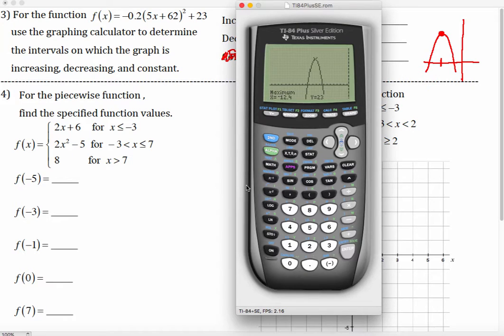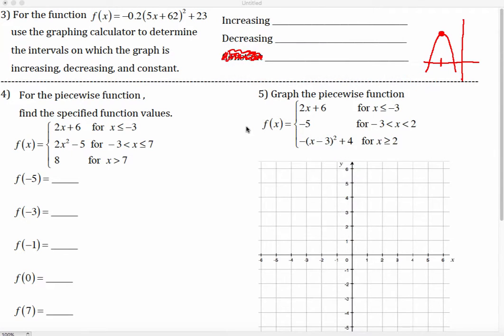And then it tells me that my x-coordinate is negative 12.4. The y is 23. I don't even care what that y is for this problem. I need that x-coordinate of negative 12.4. So I'm going back and filling in that x-coordinate at that point. So I think it was negative 12.4. And there we have it. That's all I need.